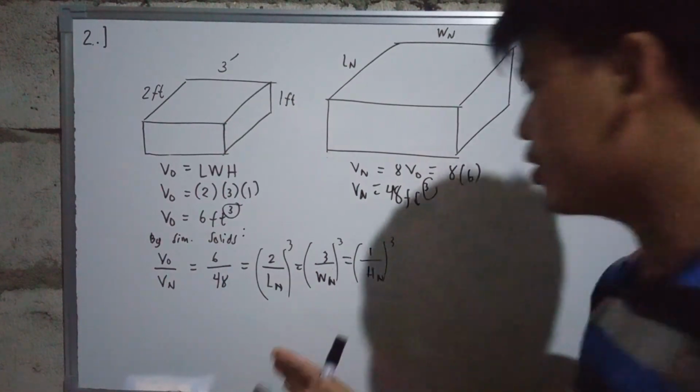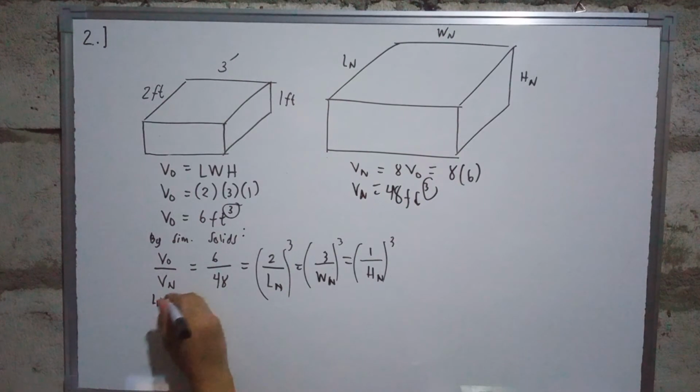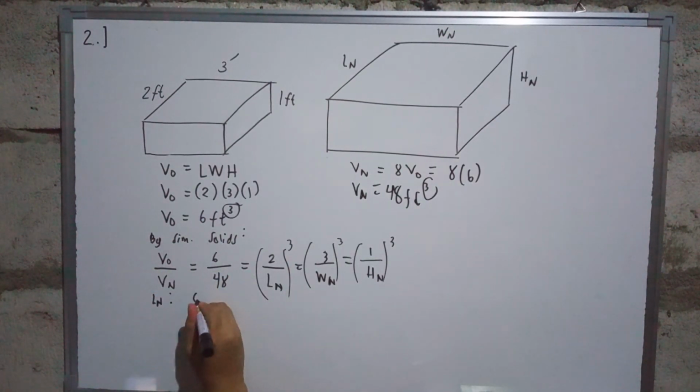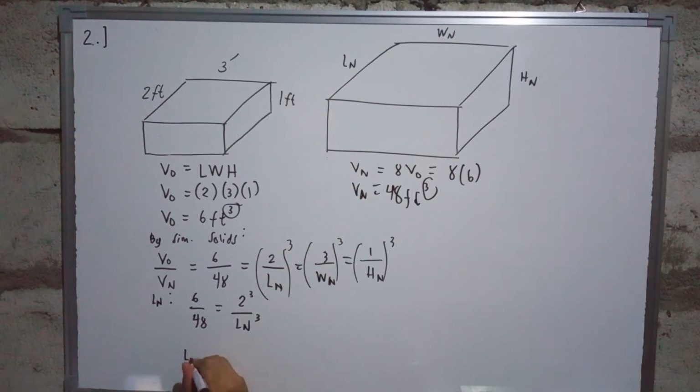So, let's consider muna. I-solve muna natin yung L sub n. So, for solving L sub n, so yung volume original natin is 6 over 48 is equals to 2 cube all over L sub n cube. So, L sub n is equals to 4 feet.